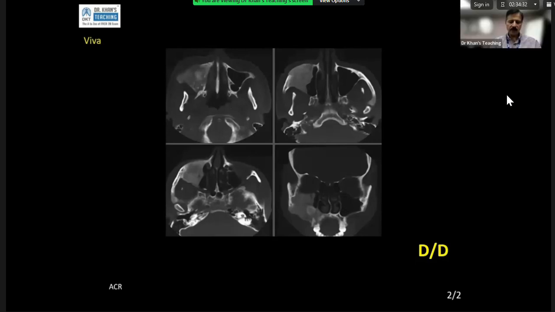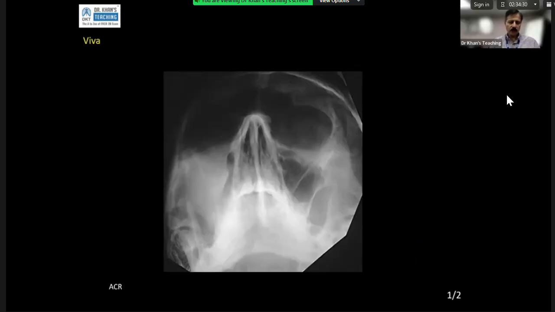Now, fibrous dysplasia: if you see here on this plain X-ray, there is an opacified right maxillary sinus. But if you look carefully, it was very well picked up that part of the sinus is still visible.